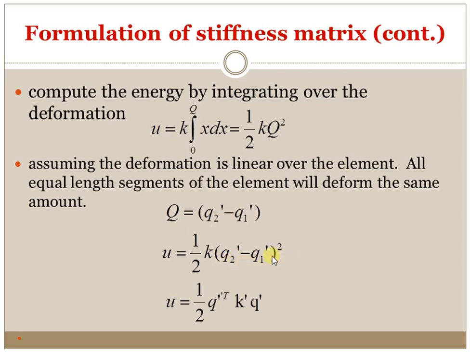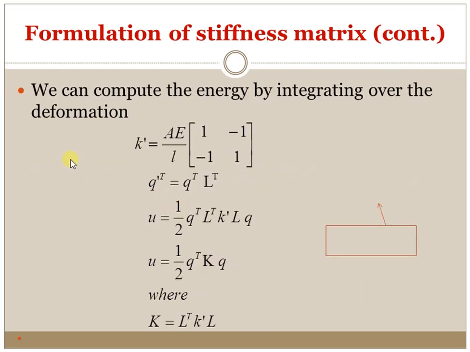After simplifying this equation, finally you will get u equal to 1 by 2 q dash transpose times K dash times q dash. So here, what is K dash? K dash is nothing but A E upon L times [1 -1; -1 1]. These things are known for the spring element, and we are writing the same thing.